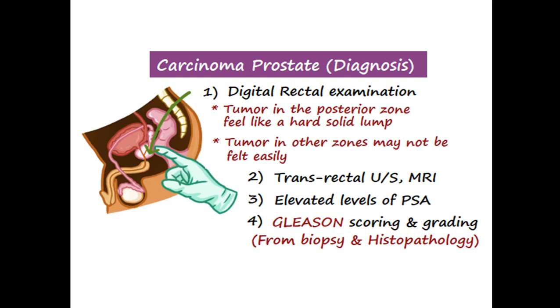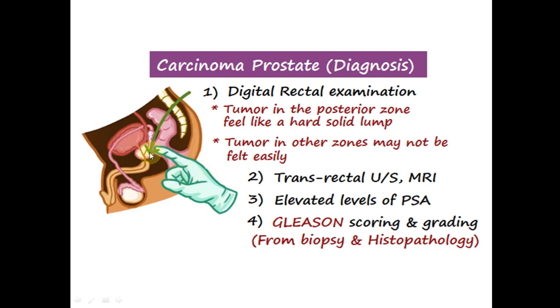Now, for making the diagnosis of the prostate cancer, first of all, if we suspect, we listen to the signs and symptoms of the patient and we do a digital rectal examination. Here, we insert a lubricated finger after wearing proper antiseptic gloves.